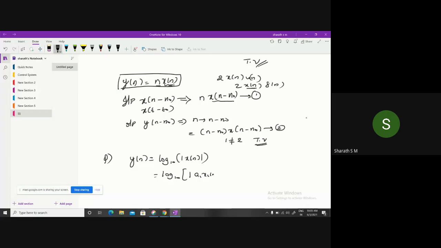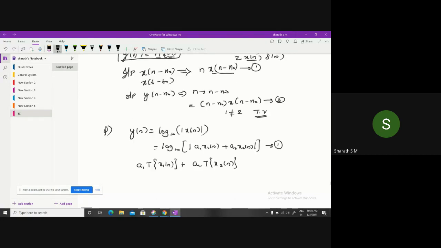So this is the first equation. But normally we have a general equation as a1 applying to the system, that is x1 of n, plus a2 applied to the system x2 of n. So once we apply x1 of n to the system, what's the output here?